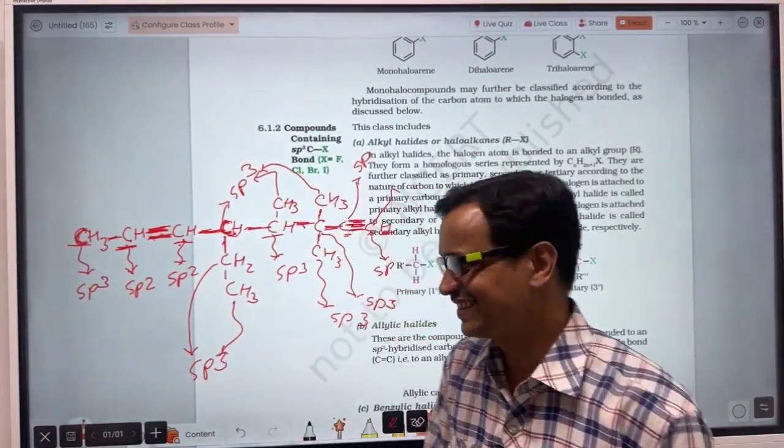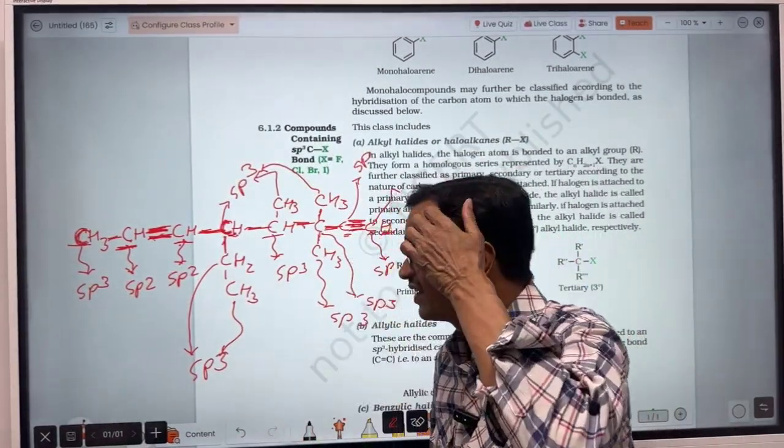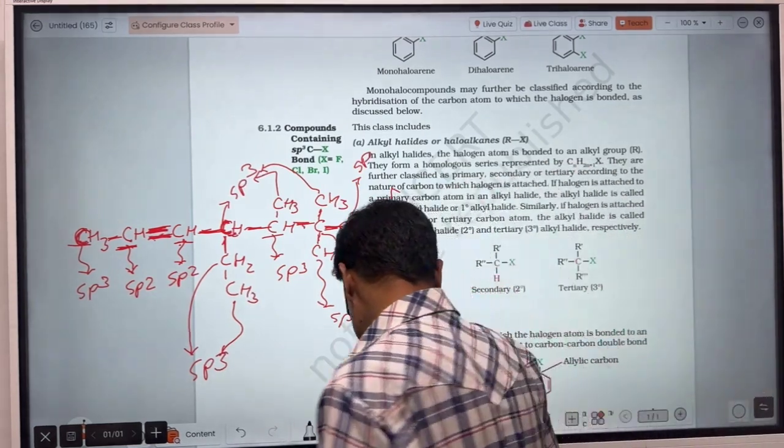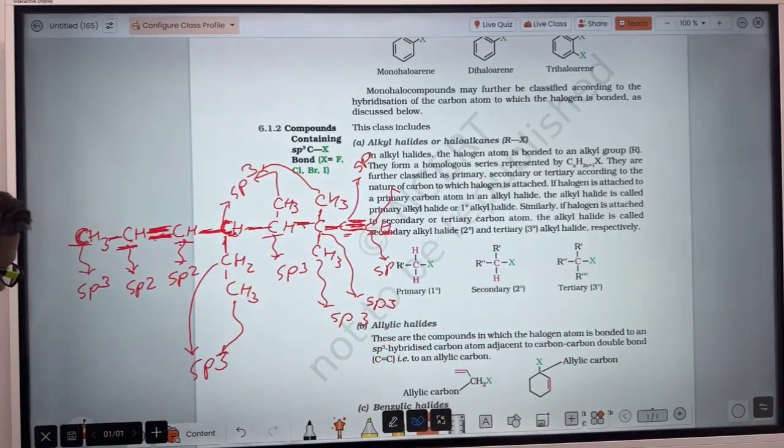Now about the hybridization, I hope that's clear. Then after, let's see about the primary, secondary and tertiary carbon atom.